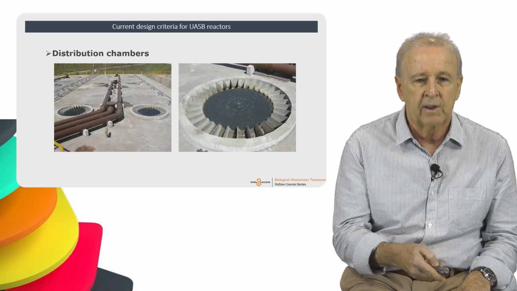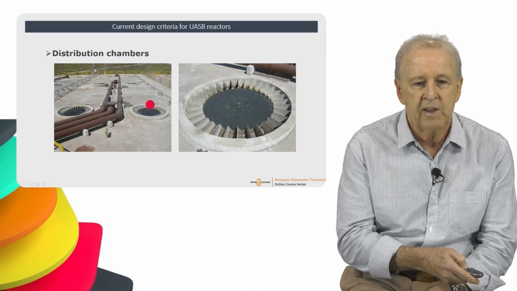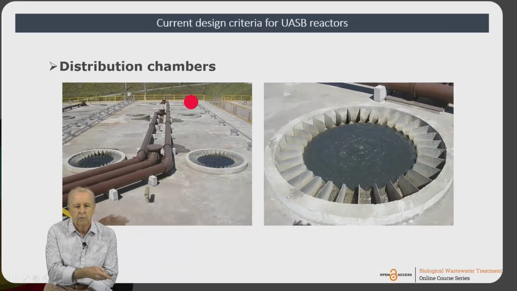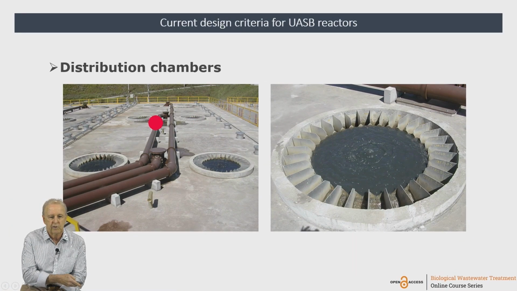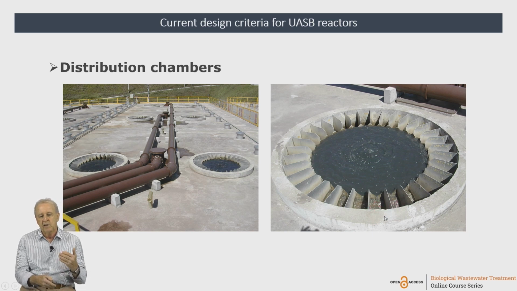In this specific case, we have 6 distribution chambers, 1, 2, 3, times 2, 6, and each chamber has 32 pipes leaving from these small distribution chambers here. So it means that we have 6 distribution chambers multiplied by 32 pipes. We have 192, if I'm not wrong, distribution pipes inside the reactor.